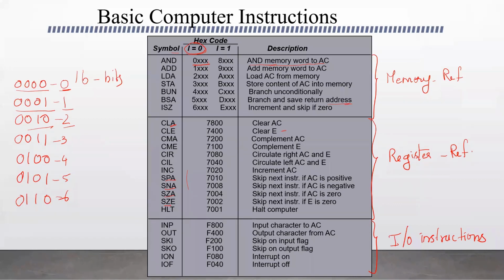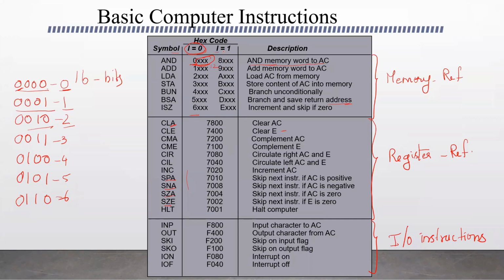Every X represents 4 bits of address. So this XXX represents the 12 bits of address, and the leftmost digit represents the opcode and the addressing mode I. Opcode is 000 and the addressing mode is 0. Here we have taken the addressing mode as 0, so it represents the hexadecimal digits 0 to 6.